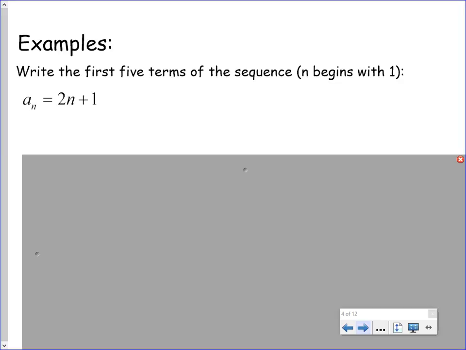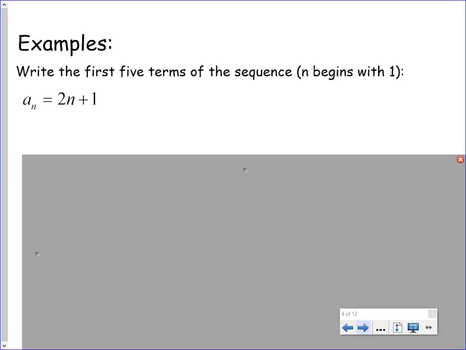My first example is: write the first 5 terms of the sequence. Assume n begins with 1. The book tells you when n begins with 1 and when n begins with 0. So I've got a sub n equals 2n plus 1. Ideas for how to find our first term? Austin, say aloud.